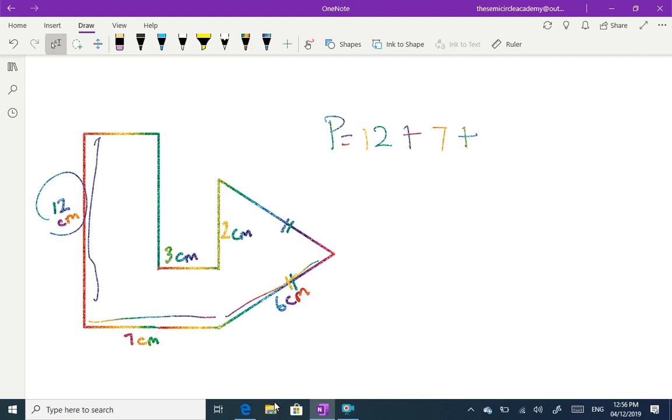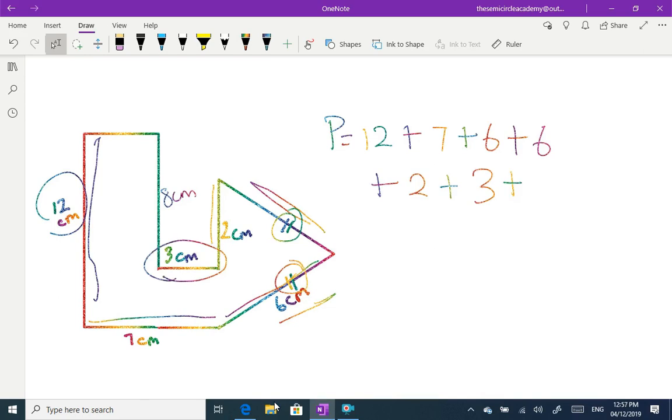So that will be 6 plus they told me that this side is actually equal to this side, and that's what these little symbols mean, that they are equal. So that'll be adding another 6 plus I'll add this side here, which is 2, plus I'll add this side here, which is 3, right?